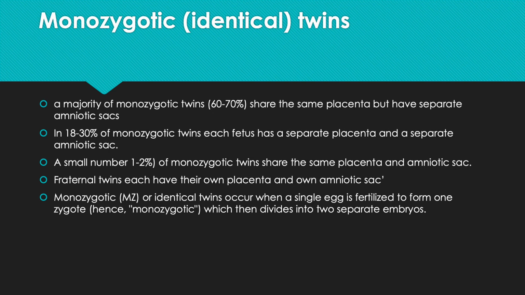A small number, from only 1 to 2% of monozygote twins, share the same placenta and amniotic sac. Fraternal twins each have their own placenta and own amniotic sac. Monozygote, or identical twins, occur when a single egg is fertilized to form one zygote, which then divides into 2 separate embryos.